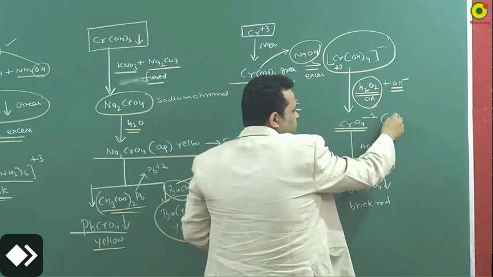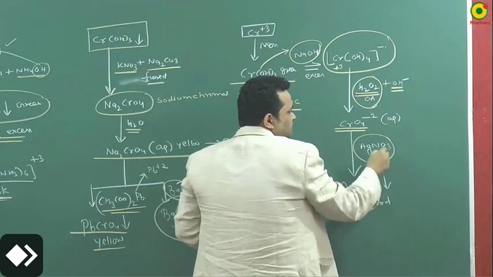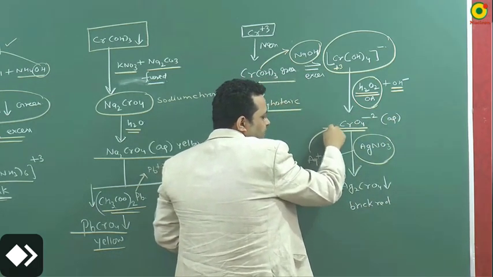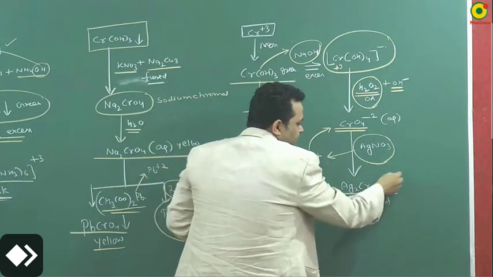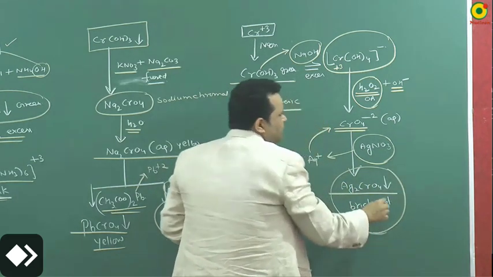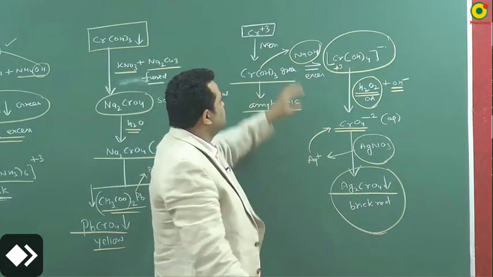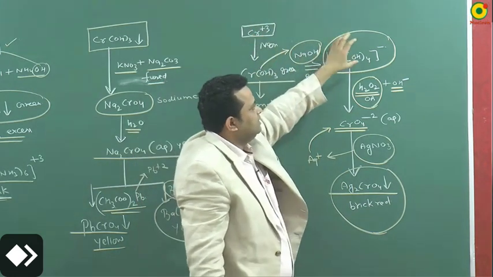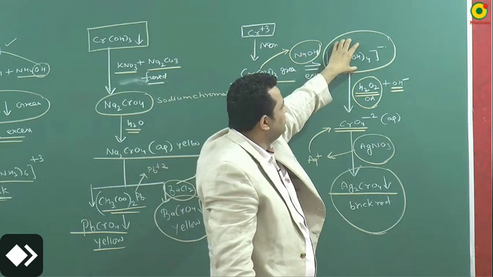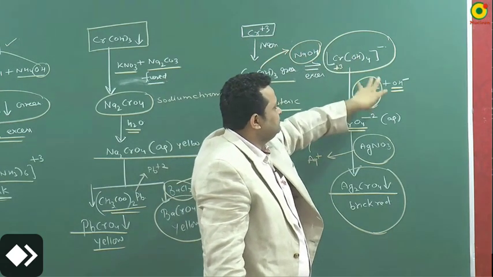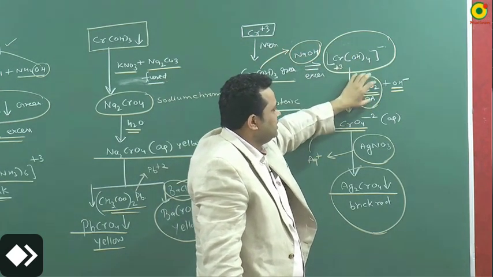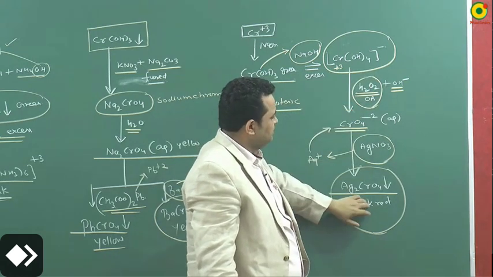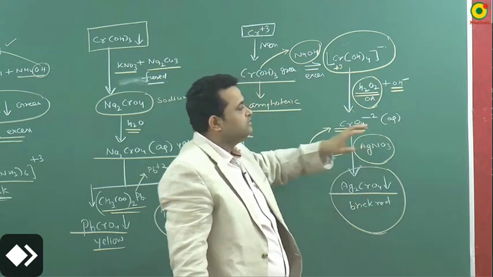In chromate aqueous solution, if we add AgNO3, Ag+ will combine with this ion, forming a brick red precipitate of Ag2CrO4. So Cr3+ plus NaOH gives a complex in excess of NaOH. In this complex, we are adding H2O2. Chromate solution is formed which gives brick red precipitate with silver nitrate solution.